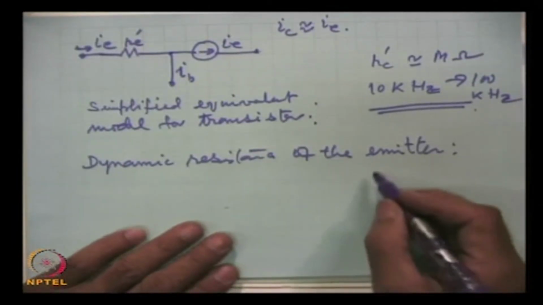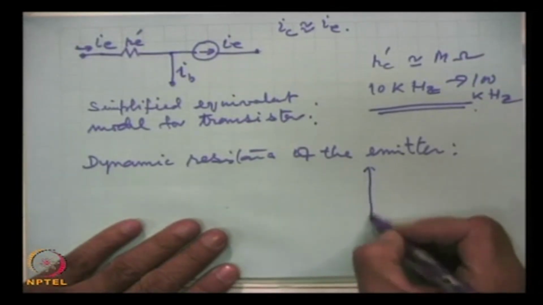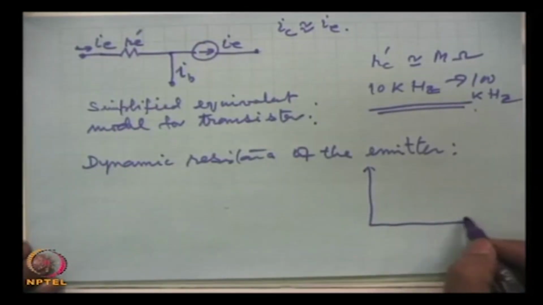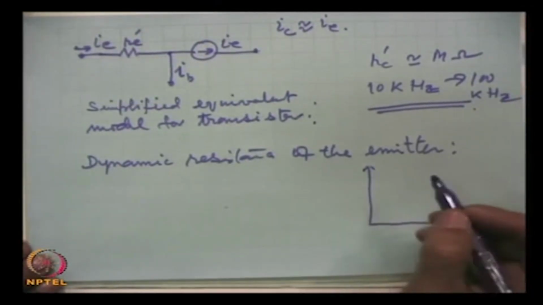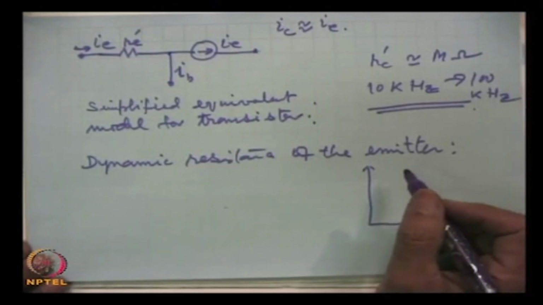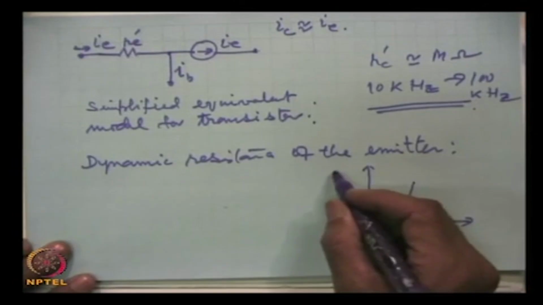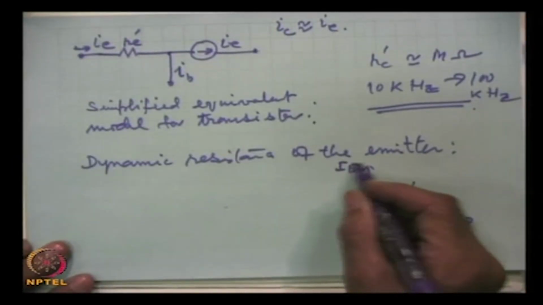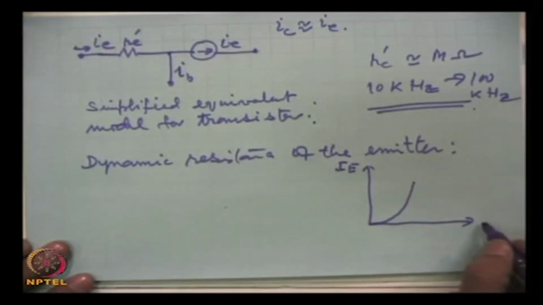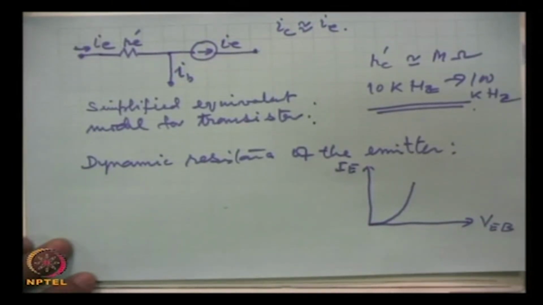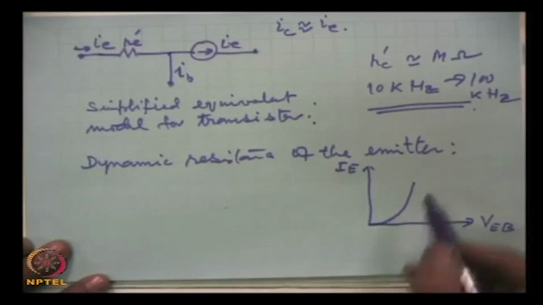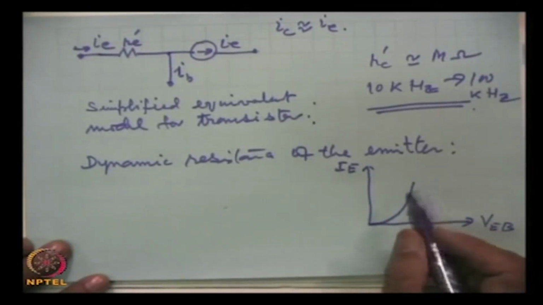Experimentally we can find it from the input characteristics of the transistor. We know that this is the characteristic, this is I E, and this is V E B, the voltage between the emitter and base, and this is how the current exponentially increases.